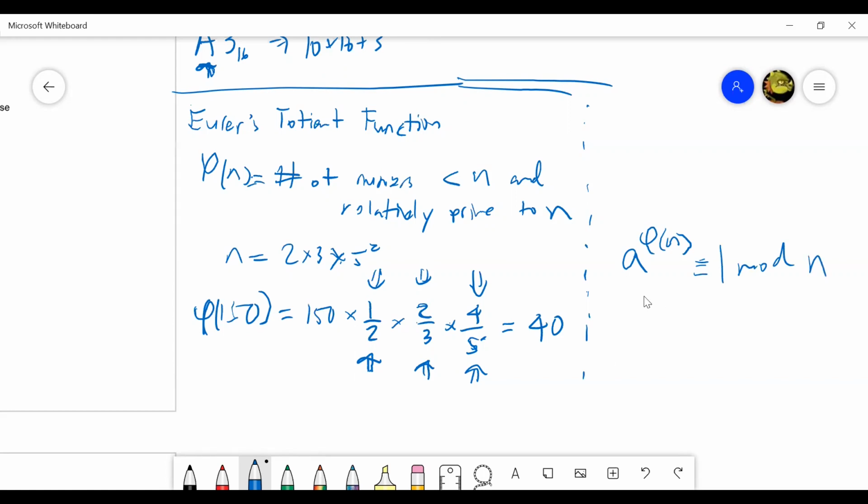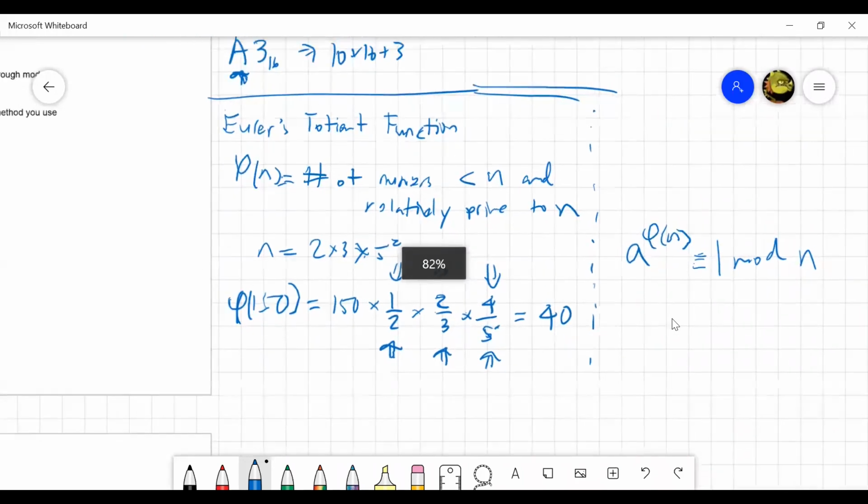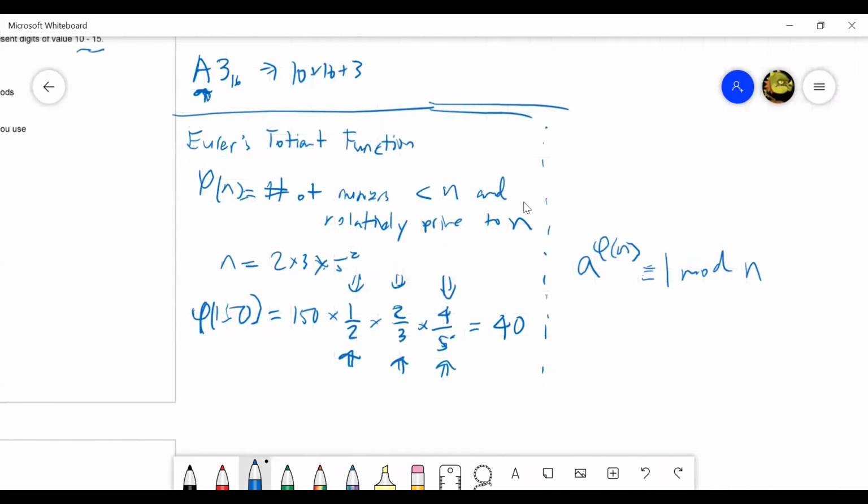I'm not going to prove that, but I'm going to say that this is true for all n and a relatively prime to n. I don't actually know how to prove it right off the top of my head, but just know that this is indeed true, and it is very useful.